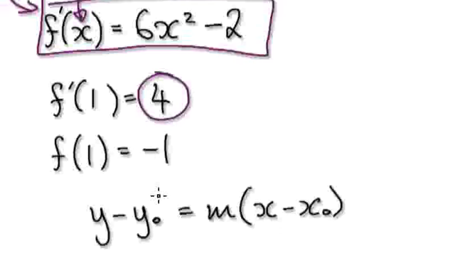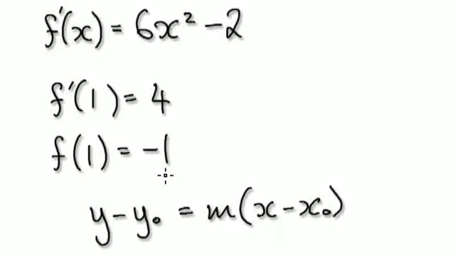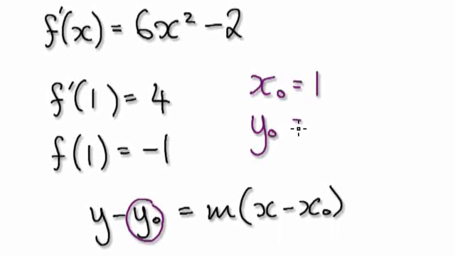Now you've got the particular point and you've got the gradient. This is a general form for the equation of a straight line. Here, x0 is our initial guess, 1, and y0 is this thing here, -1.